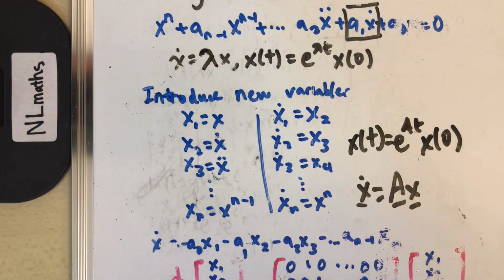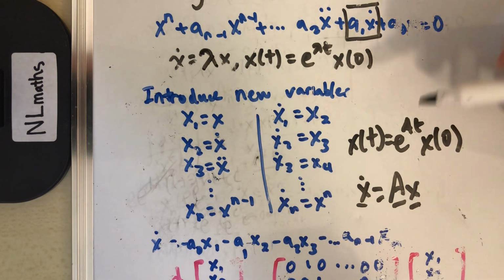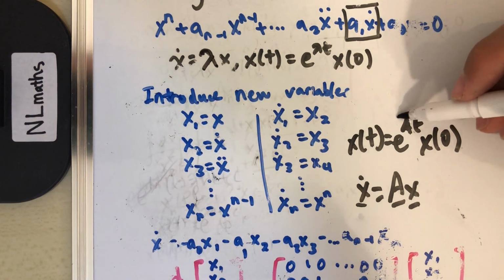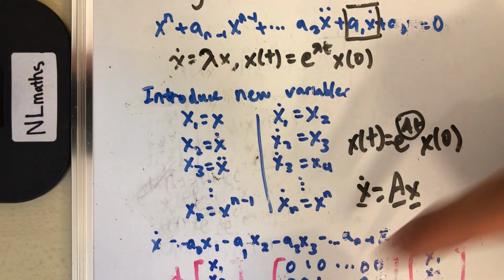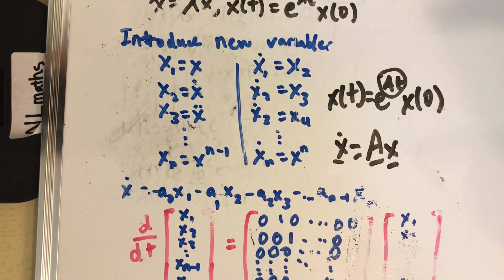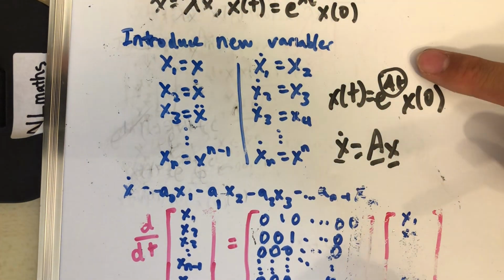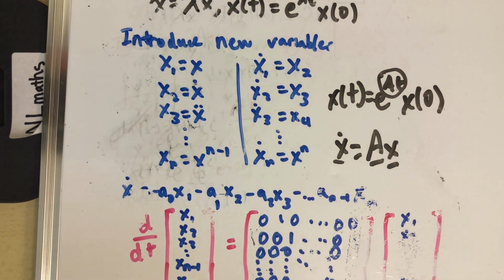And this is very suitable. But there is something of concern, which is that At is very hard to compute because it's all of these values. It's not diagonal. It's very hard to see. Taking the power of a matrix is very hard. So we have to expand that.